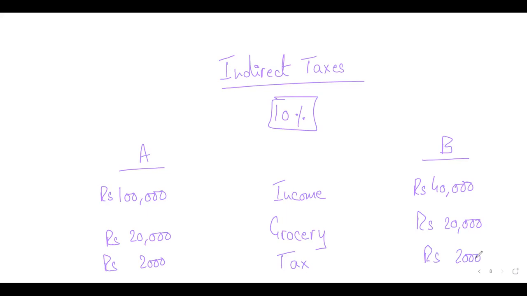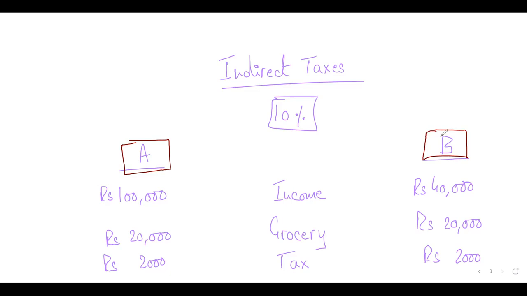Now, listen to me very carefully. If you calculate the percentage of income of A that he paid in taxes, and then you calculate the percentage of income that B paid in taxes, for which of the two would that be higher?